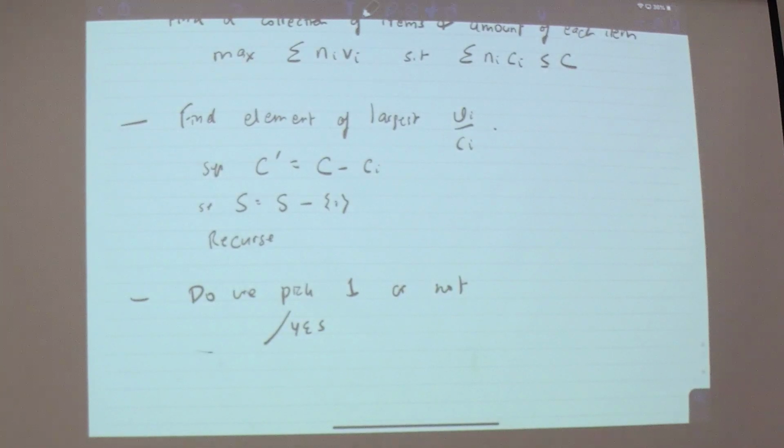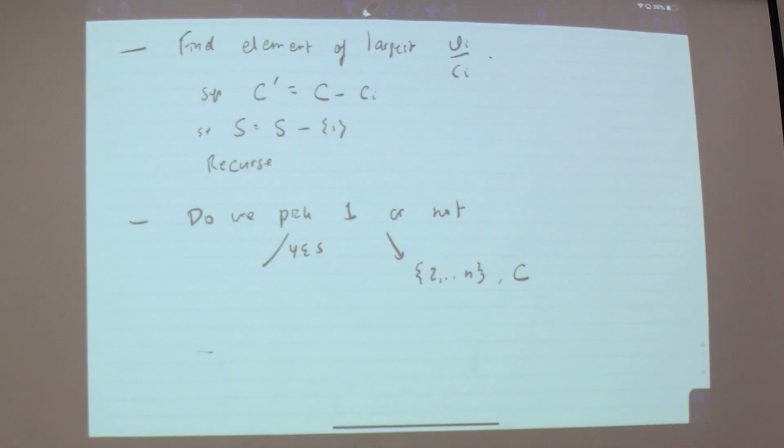If it picked one, and this is where this gets very interesting. In fact, let me look at the no case first. If it doesn't pick it, then okay, it's fine. Then you have to look at the set 2 through n, and the capacity stays the same. That's an easy case. Suppose you do pick the first element.